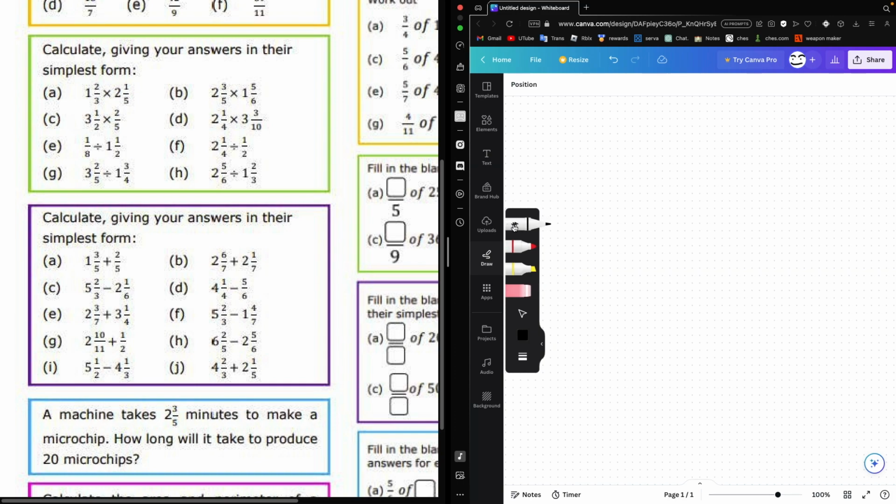Okay, now we have G, 2 and 10 over 11 plus 1 over 2, which also equals, because we need these to be the same again, so let's times them together. 2, 11 times 2, 22, 10 times 2, 20, plus 1 times 11, 11, 2 times 11, 22, equals 2, 20 plus 11, 31, over 22.